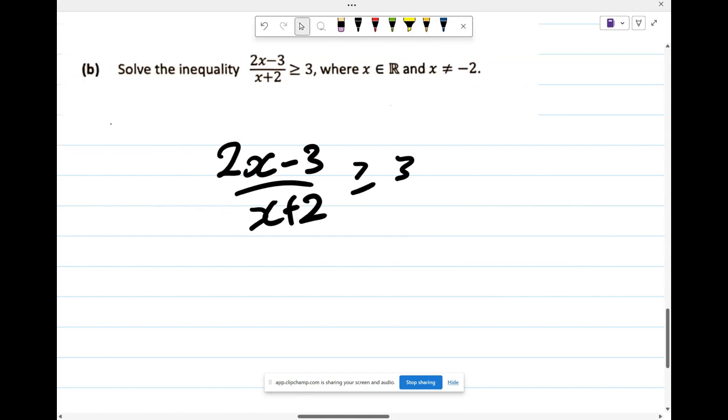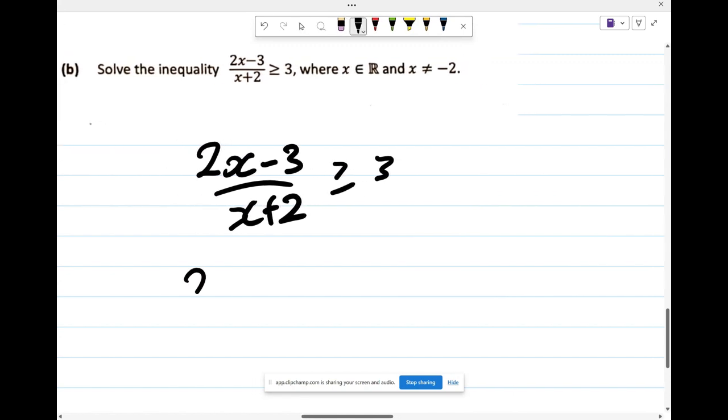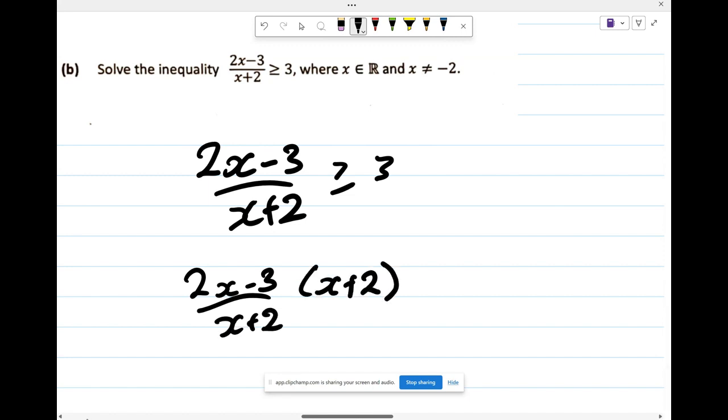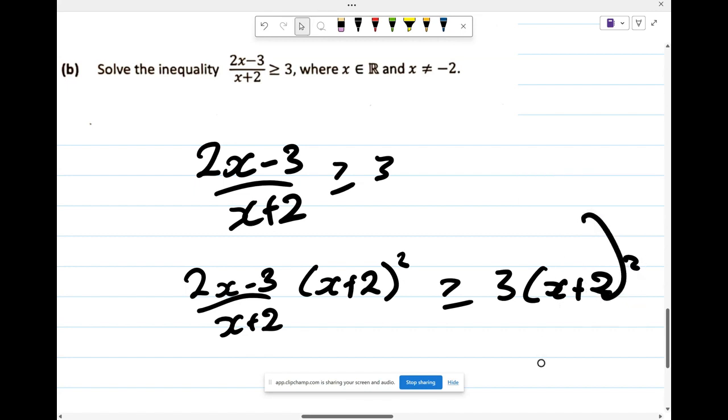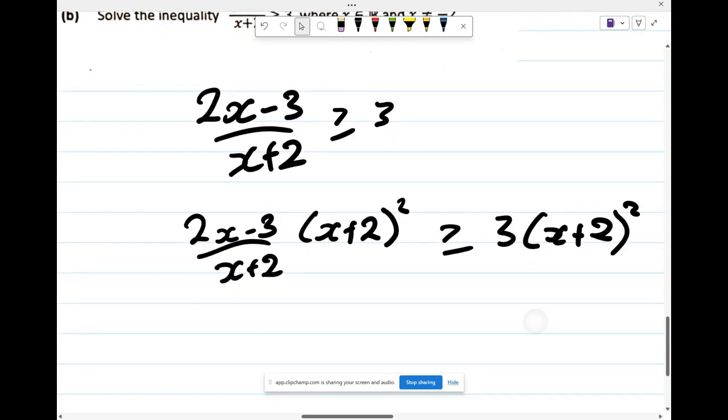So if we multiply both sides by something definitely positive, which would be x plus 2 squared, we don't have to worry about this inequality sign here.